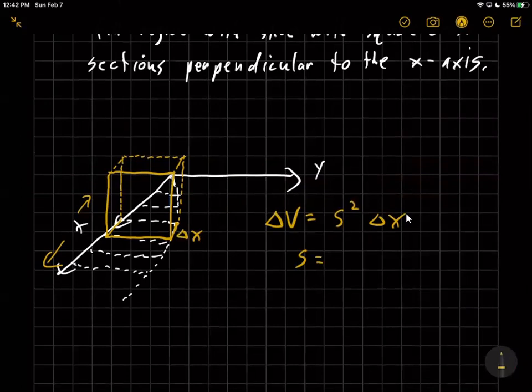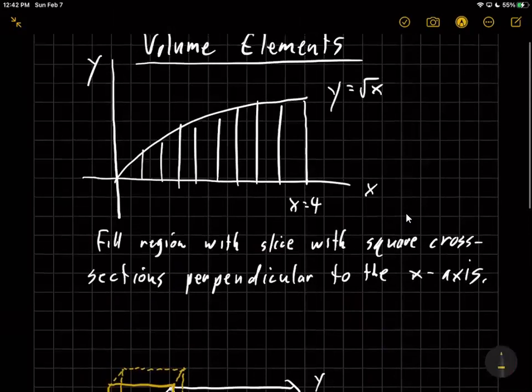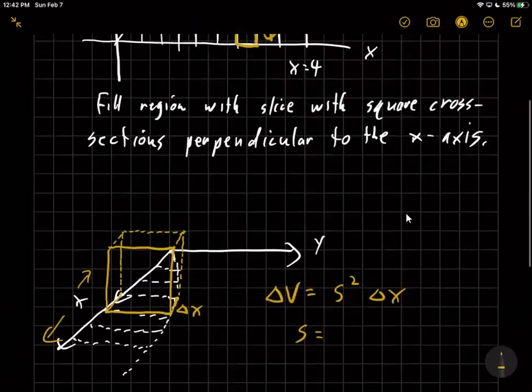S is going from top to bottom. It might be helpful to look back at this picture here. That rectangle that I drew might be right here in the picture. And the height of this rectangle in the 2-dimensional base was the s value of the bottom.